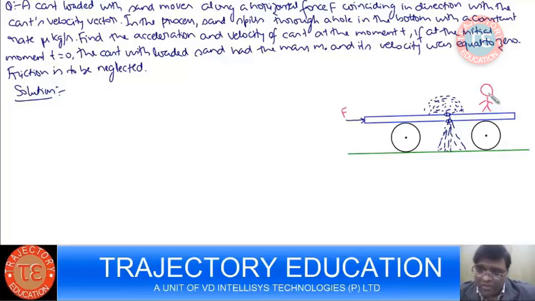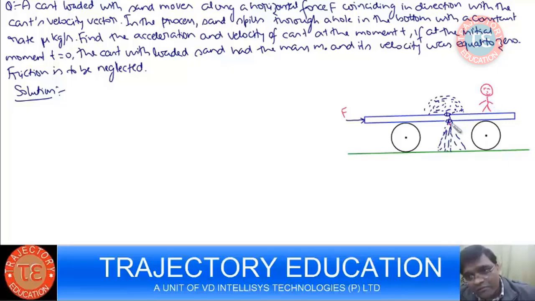See here, this observer inherits the velocity of the flat car, and the sand which is coming out also inherits the velocity of the cart. So the sand also inherits the motion of the cart.